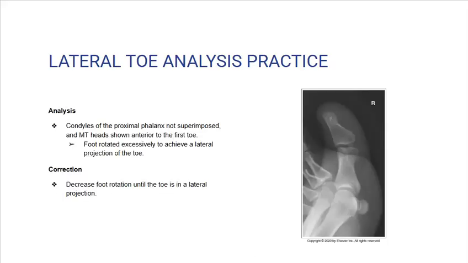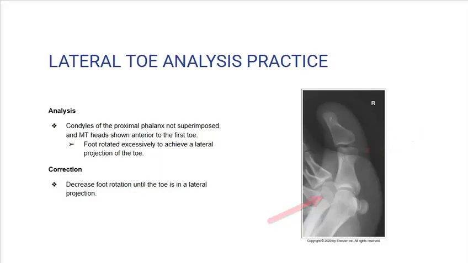When evaluating a lateral toe projection, we want to look at two relationships. Are the condyles of the proximal phalanx superimposed, and what is the position of the metatarsal heads? In this case, the condyles are not superimposed, so we know we have to repeat.